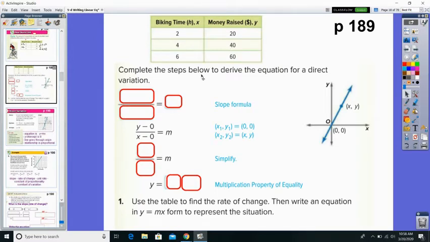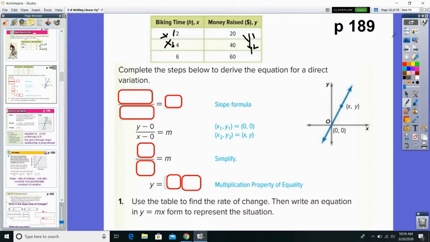So if I look at this equation, they want you to use your slope formula. You do not need to. By the slope formula, remember you had y2 minus y1 over x2 minus x1.